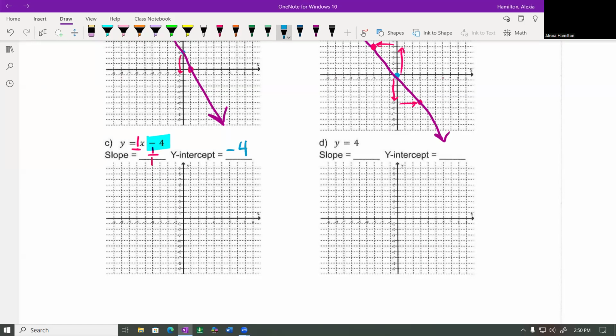So in this case, I'm going to start at the -4 on the y-axis. And then I'm going to count up 1 and right 1 and put a point. And I'm going to draw my line going through those 2 points.